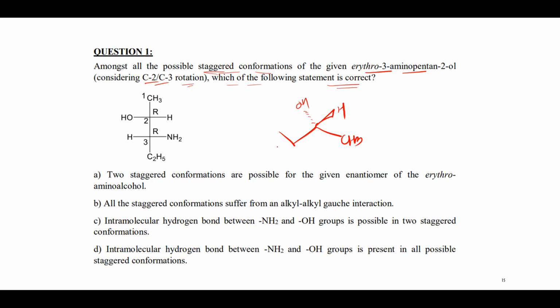And this is the hydrogen. And this is the C2H5, NH2, H. Can you tell me whether I have written it correctly or not?